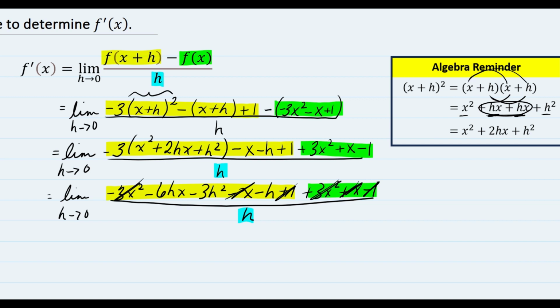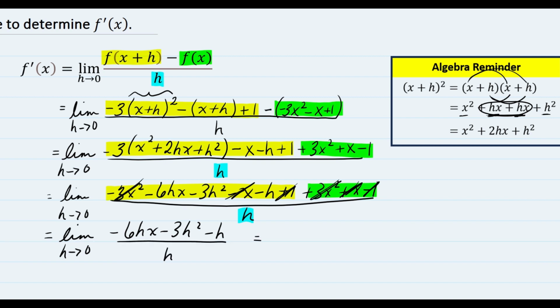And if you look at those 3 terms in the numerator, those all have h's in them. So that is the pattern that you look for. You know you did it correctly if those things cancel out and you are left with just the terms with the h in it. So -6hx minus 3h squared minus h, all divided by that h.